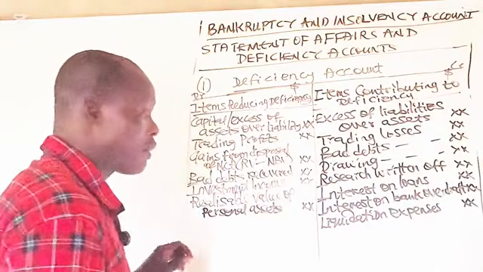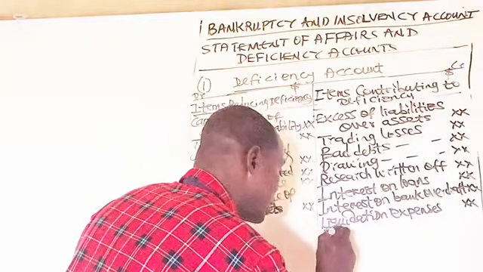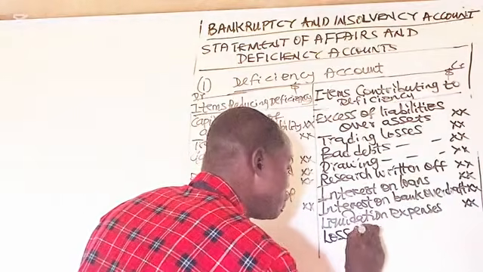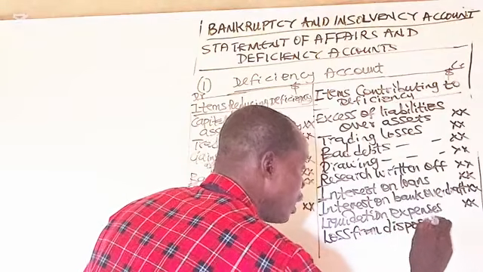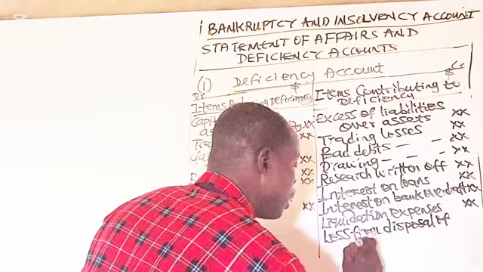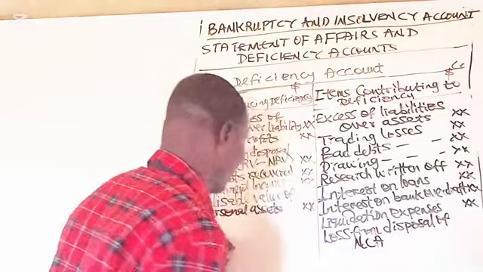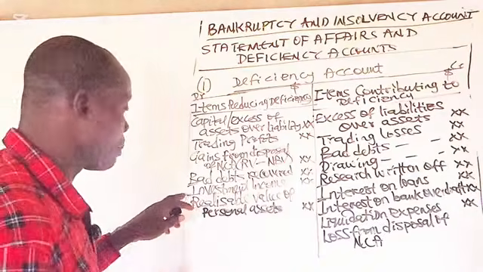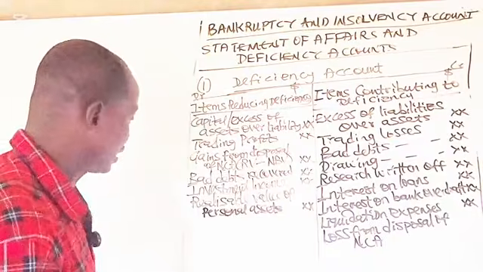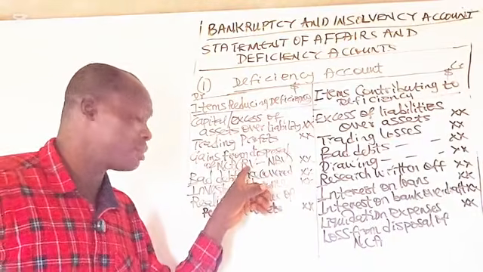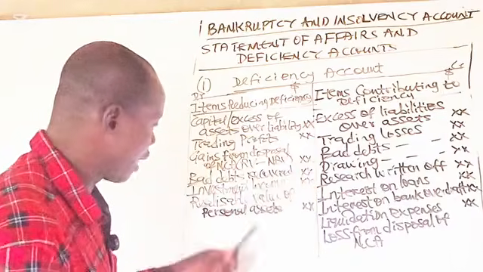Loss from disposal of non-current assets. Remember, I've talked about gains from disposal of non-current assets. I've told you where realizable value is greater than the book value, you have gains.